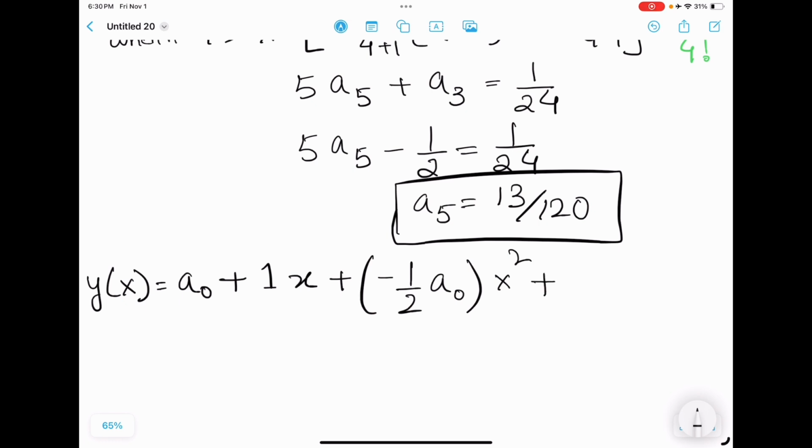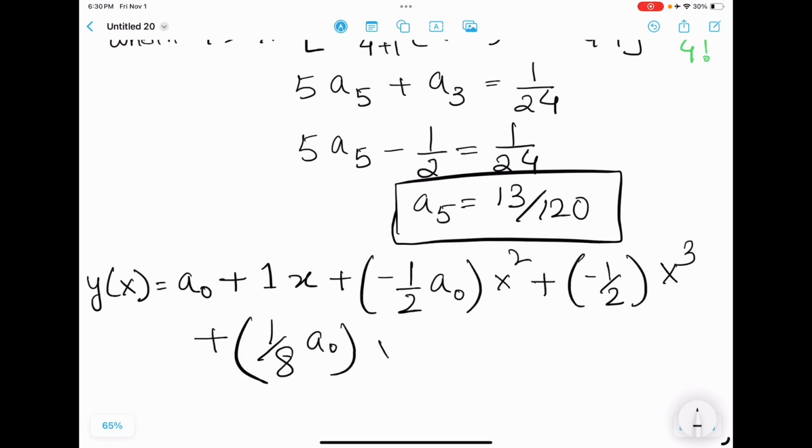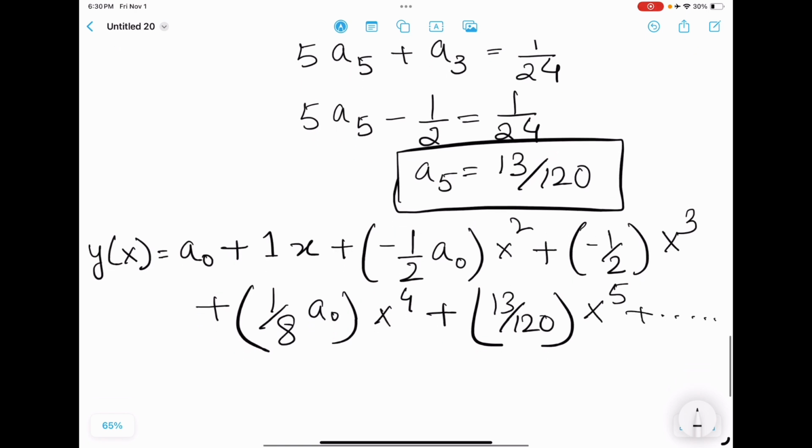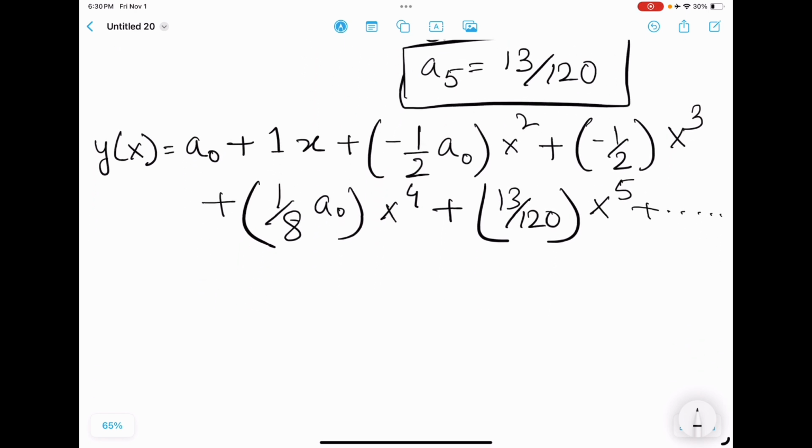And then I have my a sub 3, which was just negative half, then x cubed. Then I have my a sub 4, which is 1 by 8 a sub 0, x to the 4. And then finally I have my a sub 5, which is 13 by 120, that is x to the power 5, and then so on. Now, you can leave the solution as it is, all right?